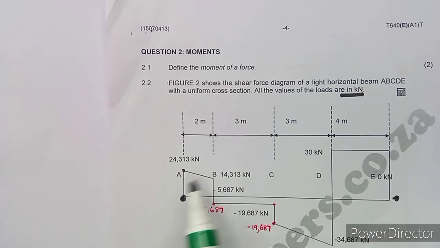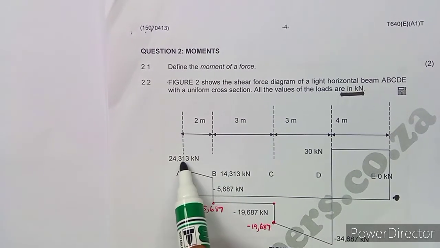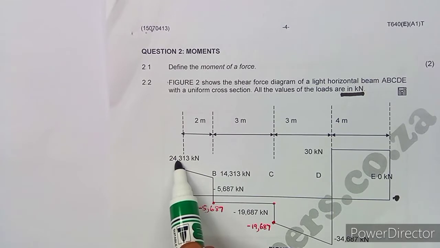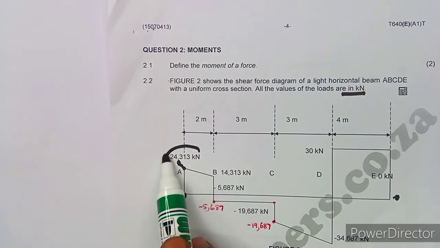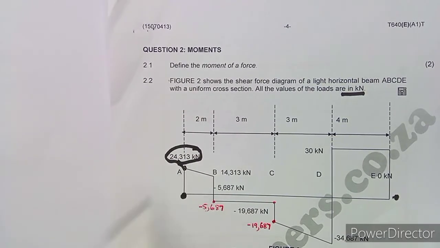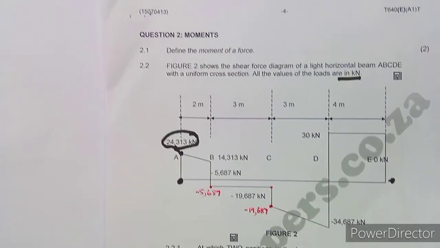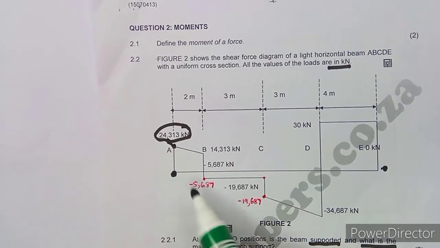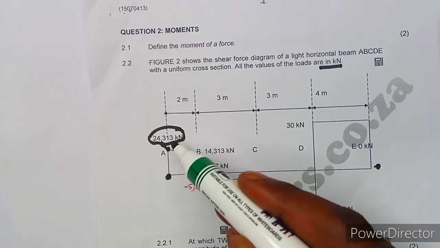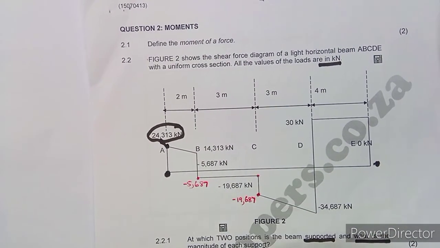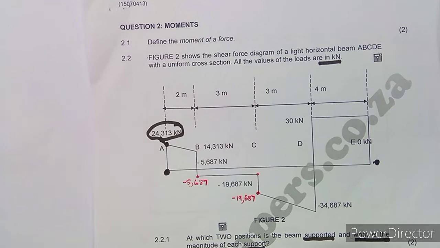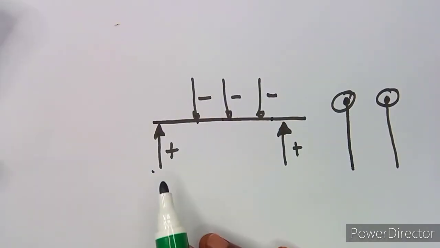These values are actually indicated; this value here is supposed to correspond with A, it's just the way that they wrote it. This value here is the one that is at A. So A is a support, because it is going upwards. If it was going downwards, it is not a support.